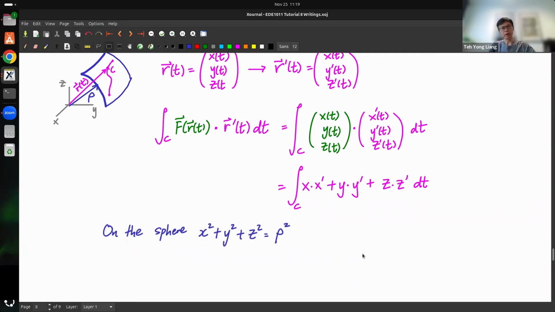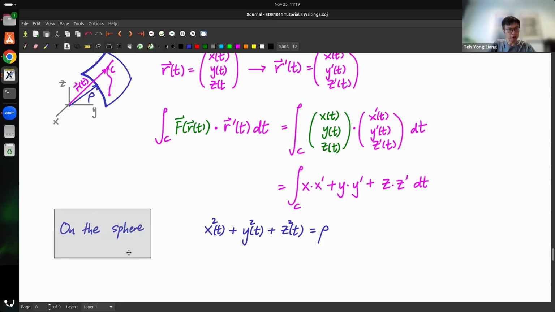But after you parameterize, everything must be a function of t. So let me write it more clearly. This must be x(t) whole thing squared plus y(t) whole thing squared, plus z(t) whole thing squared, equals rho squared.